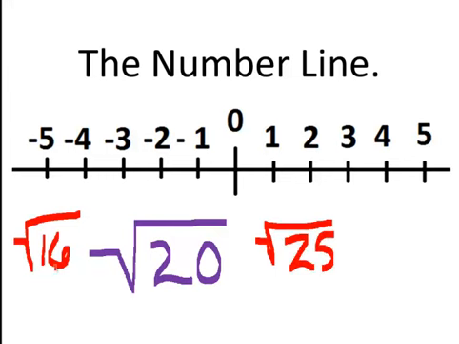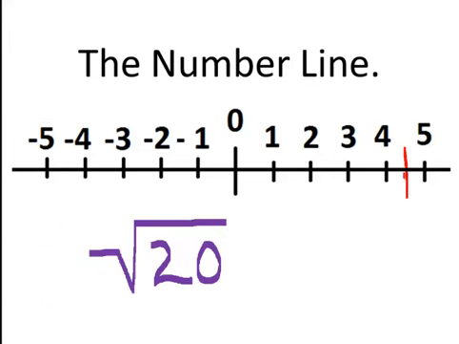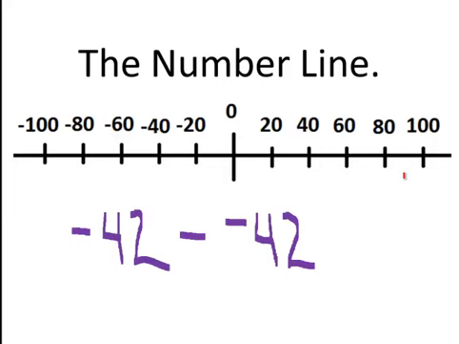So this would be 4 on the number line, this would be 5 on the number line, so the square root of 20 would fall somewhere between 4 and 5. And there's that. So let's take a look at the next one.